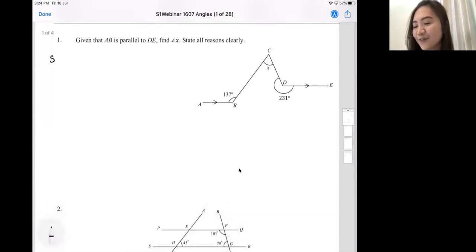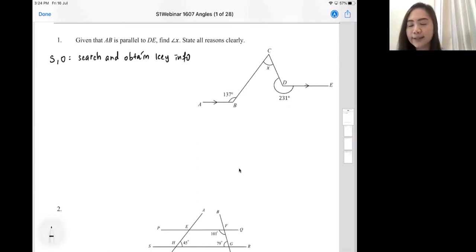S and O stand for search and obtain key info. Just look at question number 1. Very fast, very easy one, about 1 minute.